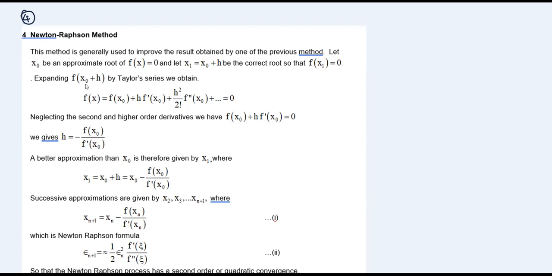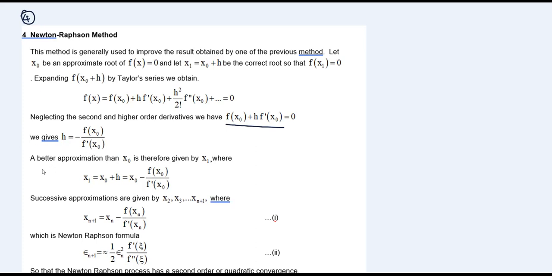The Taylor series expansion of the function about x naught is f of x naught plus h times f dash x naught plus h square by 2 factorial times f double dash x naught, and so on, and this should be equal to 0. Neglecting the higher order terms, and just taking the constant term and the order of h is 1, equate to 0. So this gives h is minus f of x naught by f dash x naught.